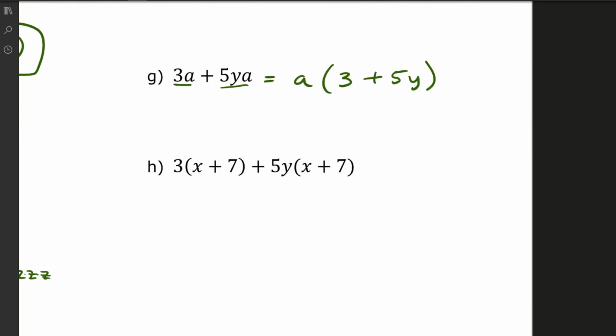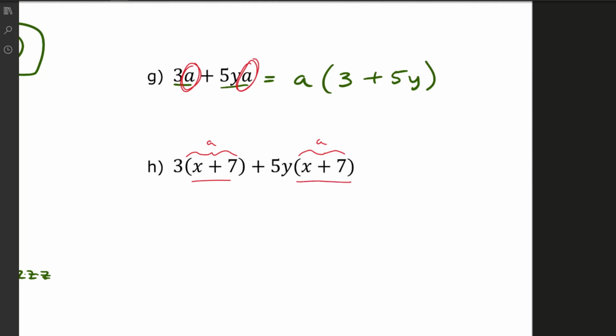Now, the reason I put this problem here, this one is a little easier than some of the other ones we just finished. But if you look, see how this was like 3 times something, and this was 5y times something right here. Well, imagine this: instead of a beside 3, it was like x plus 7 beside 3, and beside 5y, it had x plus 7 beside it.